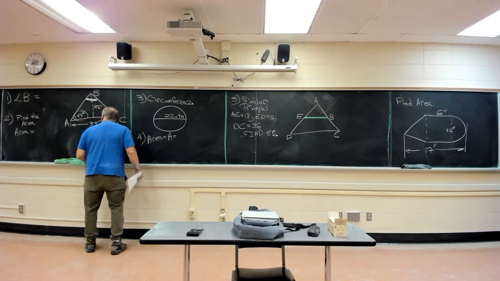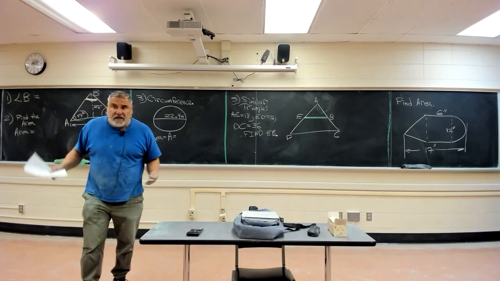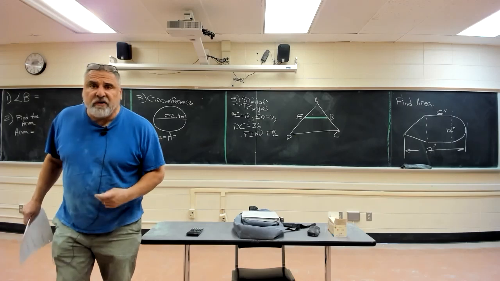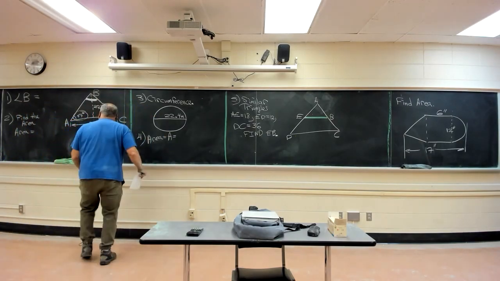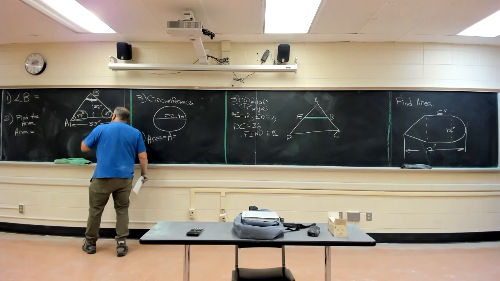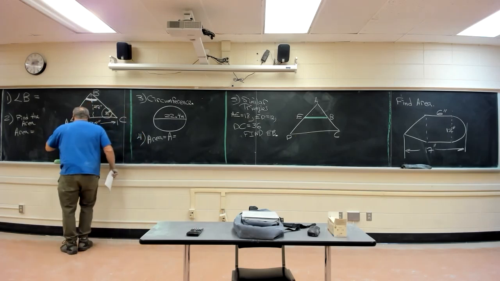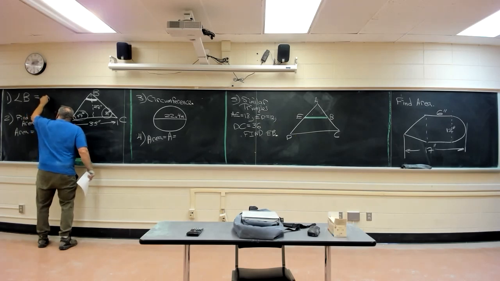When you add them together, you've got 78 degrees. 78 degrees plus what number will give you 180 degrees total? 102 degrees is what this has to be, because the 102, the 47, and the 31 would add up to 180. So you've got this.